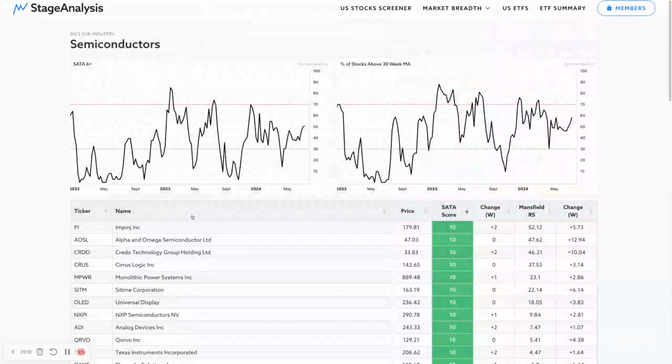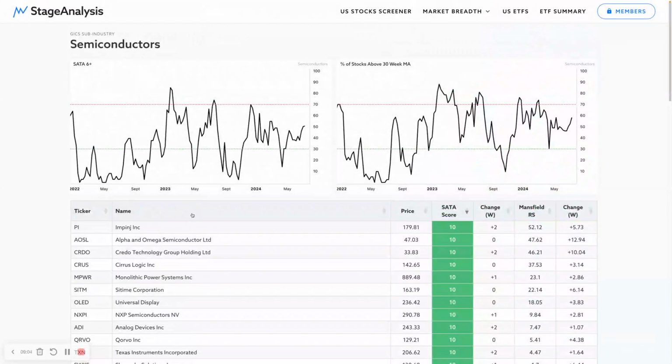I'm trying to work out the best way to create the charts at the moment, what kind of weighting I want to give them, whether it's going to be cap weighted, equal weighted, or using some kind of variation, which is what I'm leaning more towards, as I don't like the cap or equal weighted. They both have their problems, so I want to potentially use a combination approach that gives us a bit more of a balanced look and is a bit more appropriate to go with the SATA data.